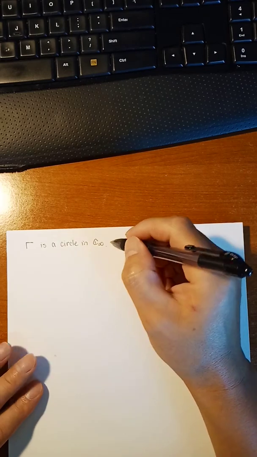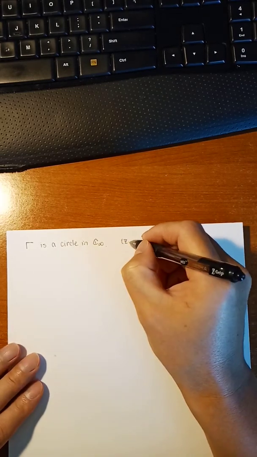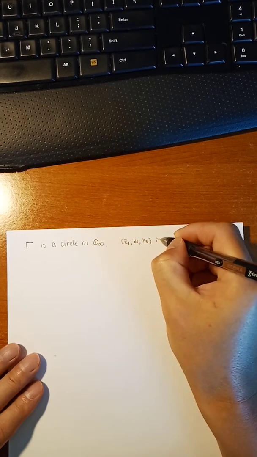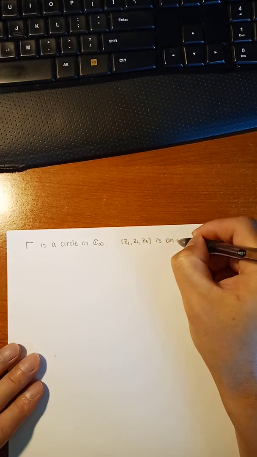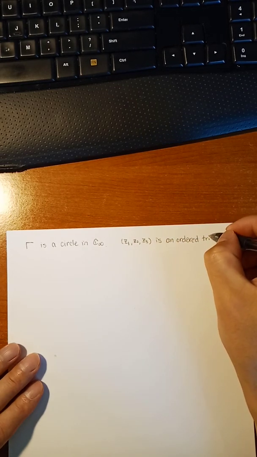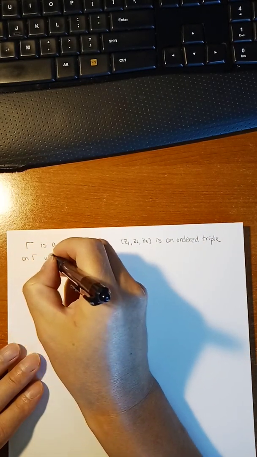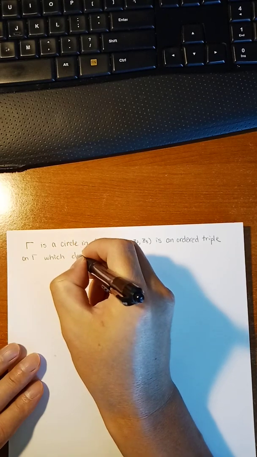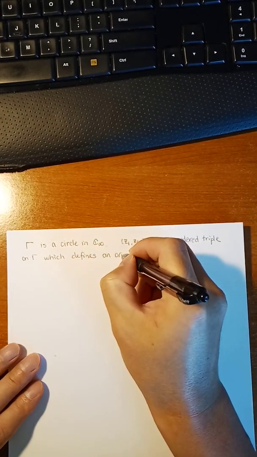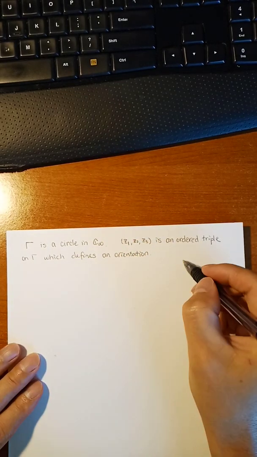And we define an orientation to be an ordered triple Z1, Z2, Z3 on this gamma, which defines an orientation. Right? This is what we learned last time.